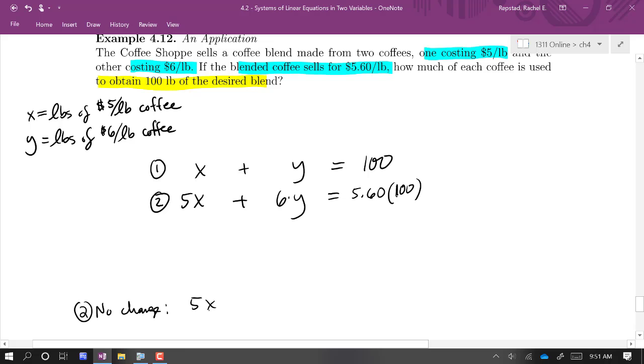So that'll be 5X plus 6Y equals 560, since 5.60 times 100 is 560. And for the first equation, I'm going to multiply by negative 5. Negative 5X minus 5Y equals negative 500.